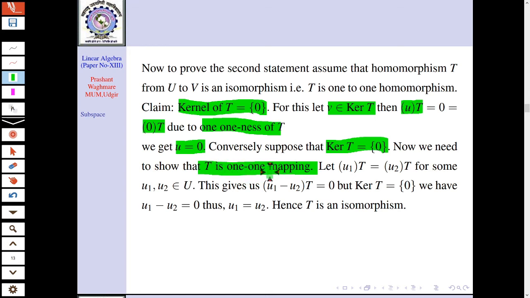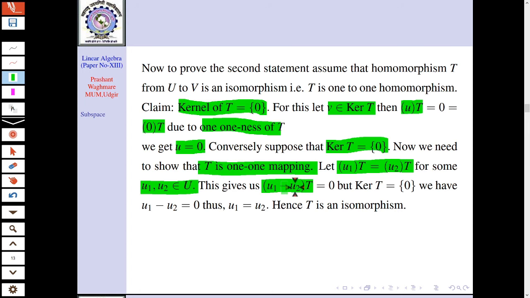But to prove that T is one-one, I can assume that two elements have the same images under T. That means let T of u1 equal T of u2 for some u1, u2 in U. Now you can take this T of u2 to the left-hand side, and due to the homomorphism of T, you can take T outside the bracket.